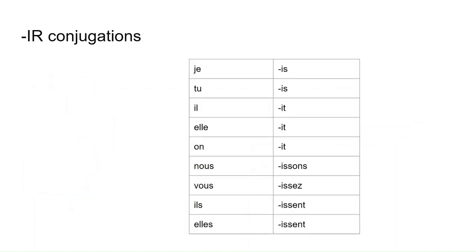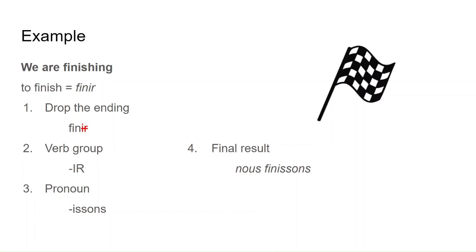Now let's talk about IR verbs. So as you can see, these are the respective conjugations for each pronoun. To say we are finishing, you would use the verb finir, meaning to finish. In order to conjugate this verb, you would take note that nous, referring to we, is the correct pronoun to use. Moreover, you would note that this verb belongs to the IR group of verbs.